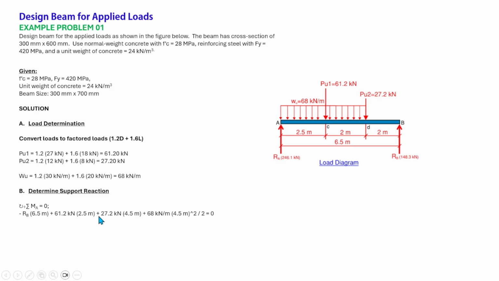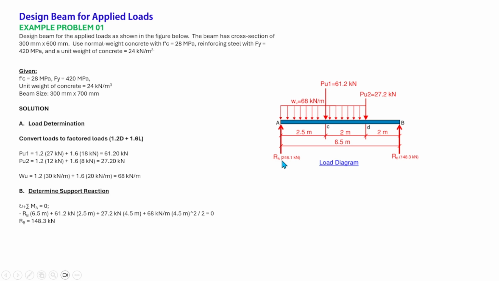Then another concentrated load, 27.2 kilonewton times 4.5 from here to there, clockwise, positive, plus 68 times 4.5 meters squared over 2, which is the uniformly distributed load, again clockwise and positive, which is equal to 0. Now solving, RB is equal to 148.3 kilonewton.